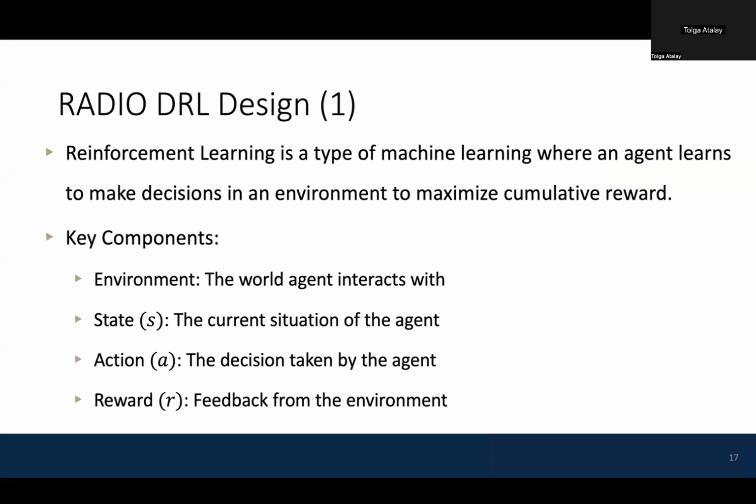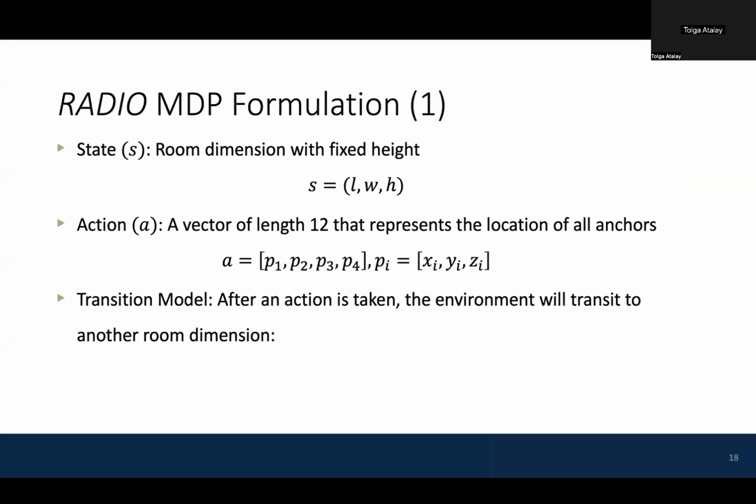And now the DRL framework, the DRL design of radio. Reinforcement learning is the type of machine learning where an agent learns to make decisions in an environment to maximize cumulative reward, right? The key components are the environment itself, then the state, the action, and finally the reward function. So the Markov decision process for radio looks like this.